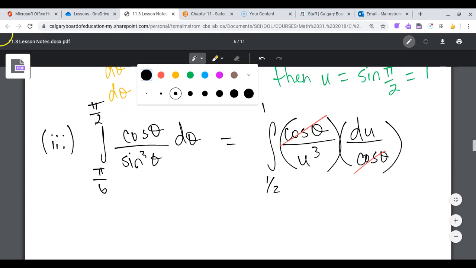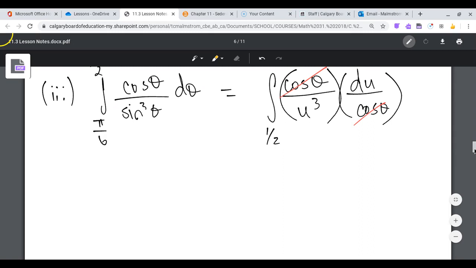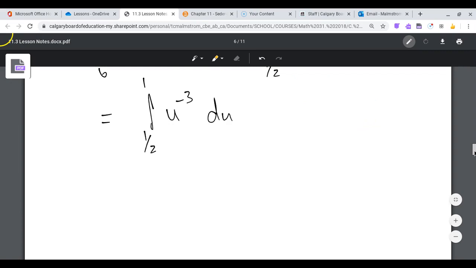And there's no constant to pull out this time, but I might just rewrite that u cubed as u to the power of -3. And then I'm going to go ahead and integrate this.